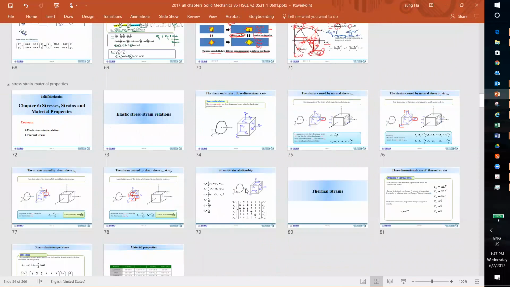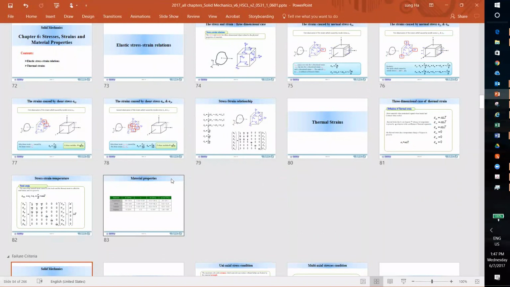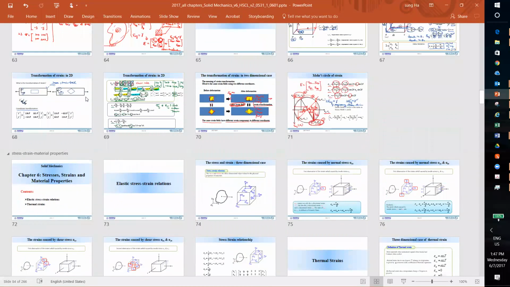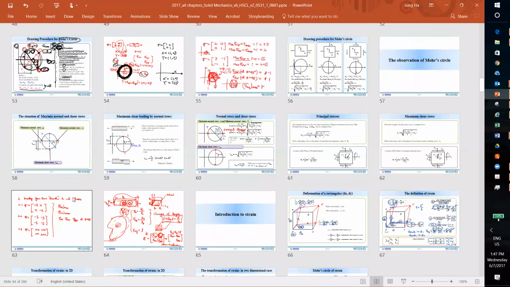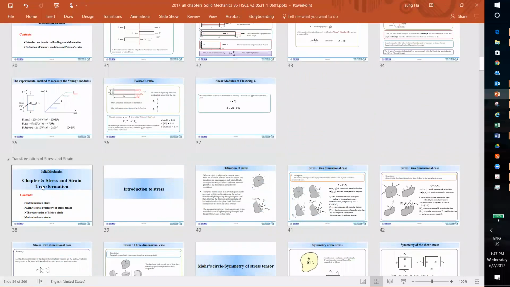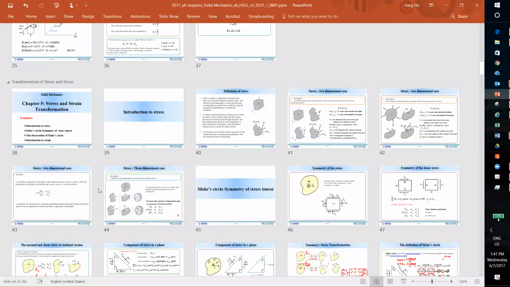But you of course have to know chapter 6 for the material properties relating stress, strain and temperature, and chapter 5, stress and strain transformation using the Mohr circle, to find out whether material fails or not.